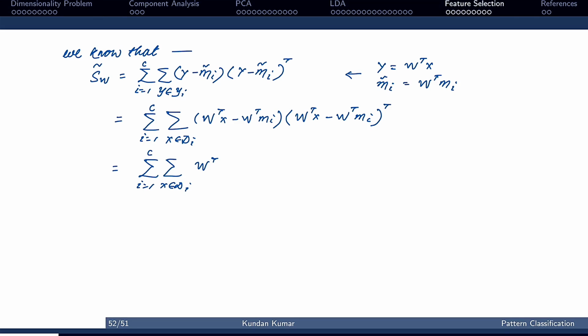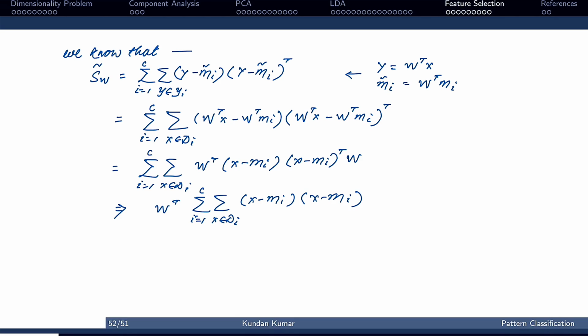So W transpose (X minus Mi)(X minus Mi) transpose W. Now we can write W transpose, summation i equal to 1 to C, X from the samples of set Di, (X minus Mi)(X minus Mi) transpose, and this is nothing but what we already derived as the within class scatter matrix.